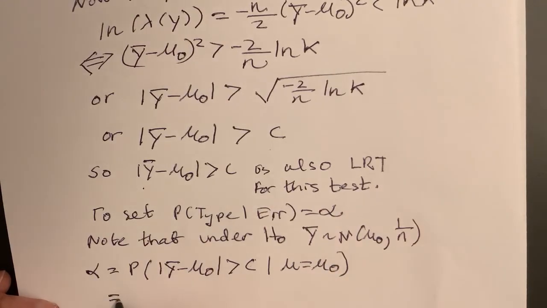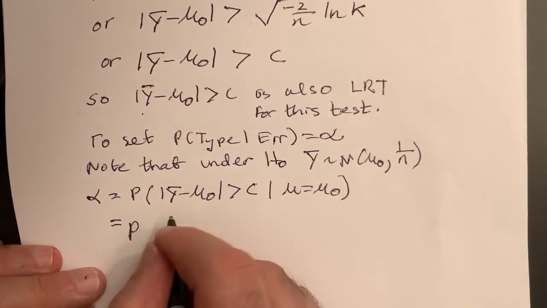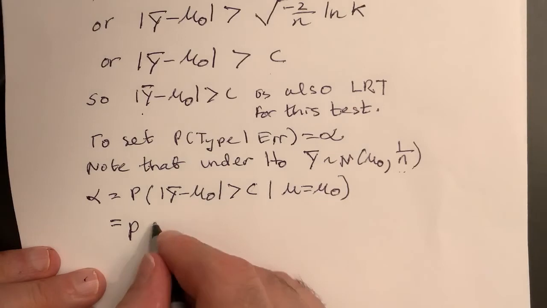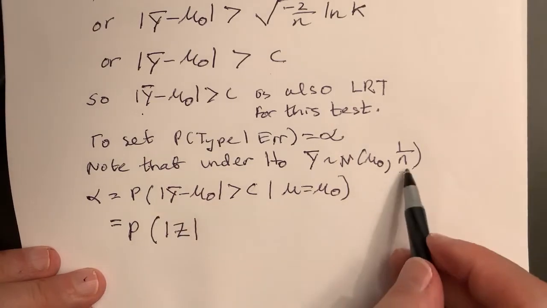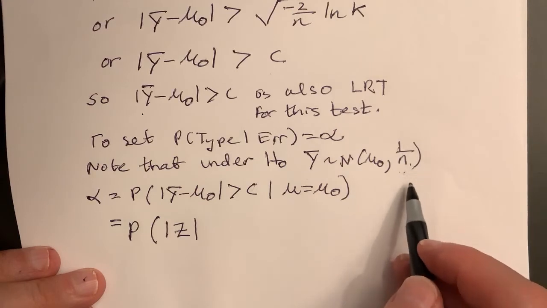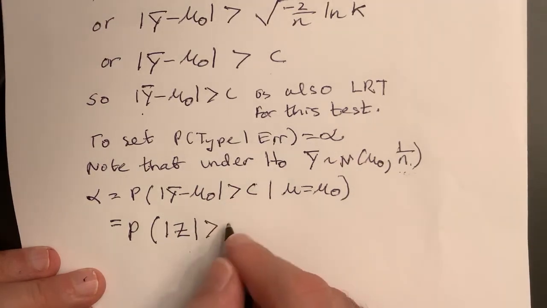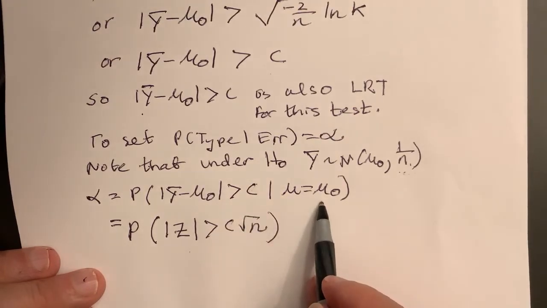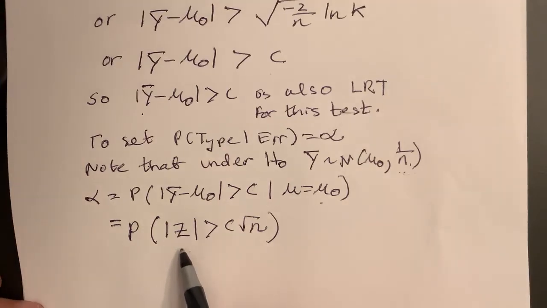Let's make this standard normal. I'm going to divide both sides by the square root of the variance, which is 1 over the square root of n, and here I get c square root of n. This is now gone. I use this to get a standard normal. Okay, so I need this to be alpha.